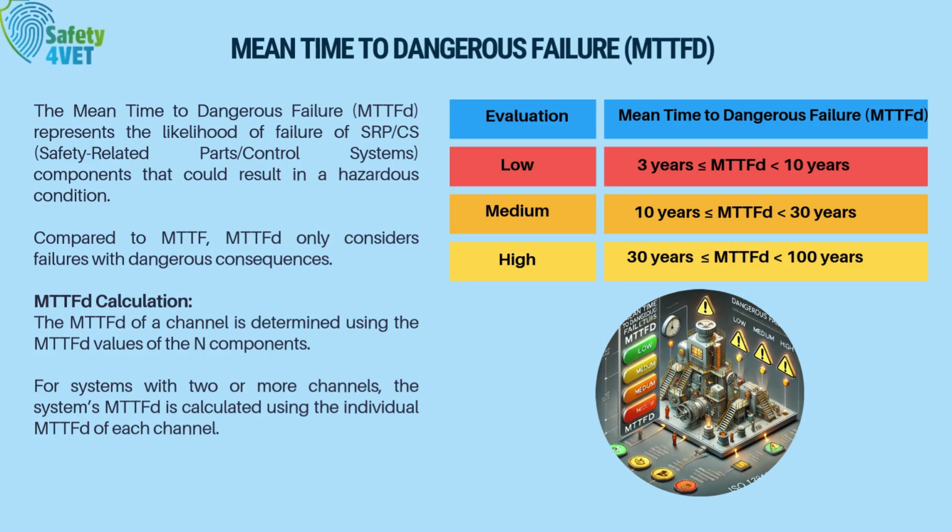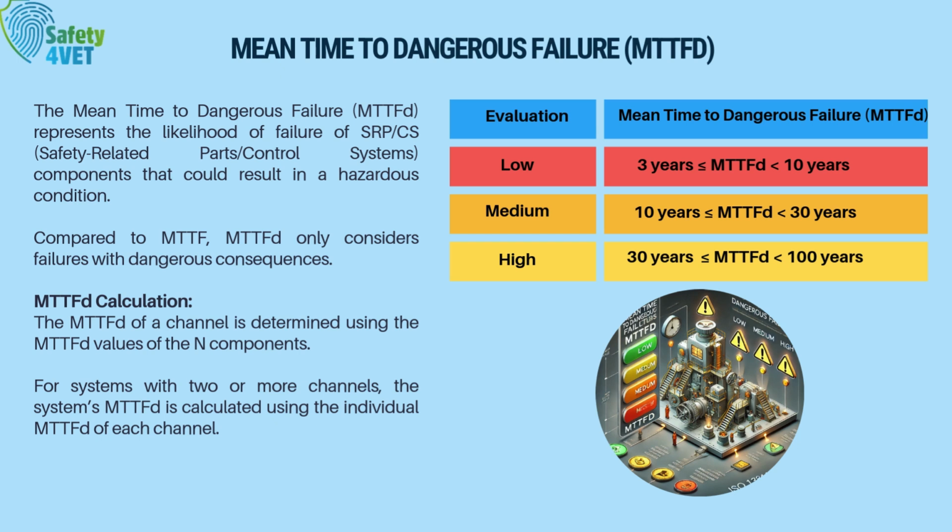The mean time to dangerous failure, MTTFD, defines the likelihood of a safety function experiencing a dangerous failure. This value assesses the probability of SRP-CS components failing and putting the machine in a hazardous state. Compared to MTTF, only dangerous failures are considered.